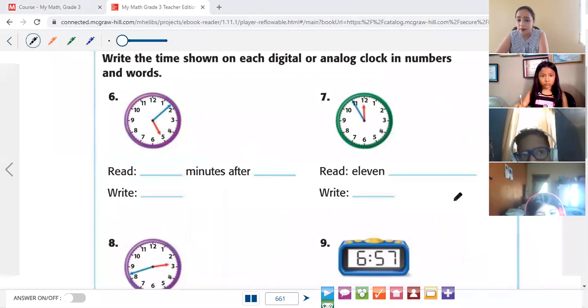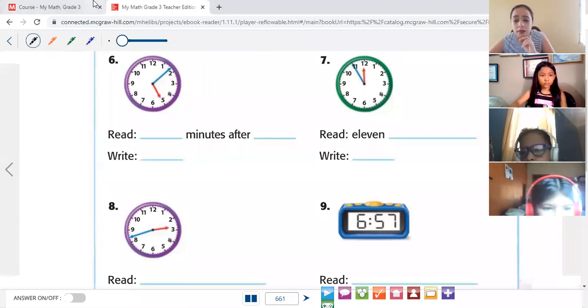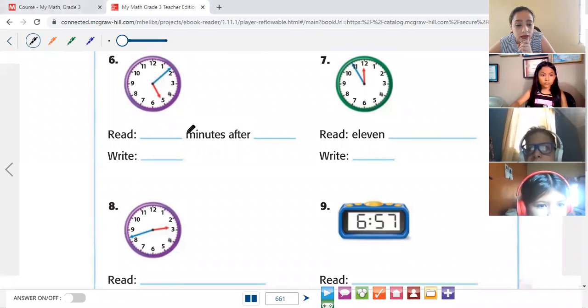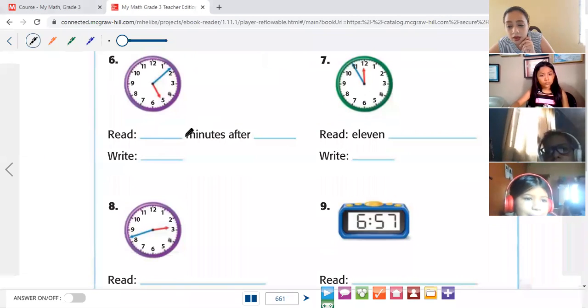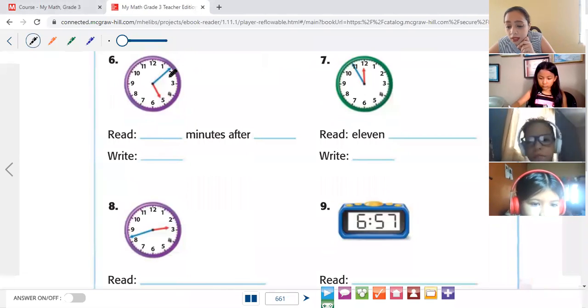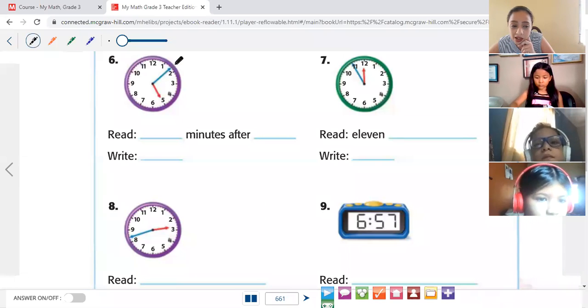Can somebody please help me with what time is it in words first? Cece, do you want to help me? What time is it on number 6? Yes, try your best. I will help you. First, you have to write the minutes. So to show the minutes, you have to look at the long hand, Cece. Now, where is the long hand?